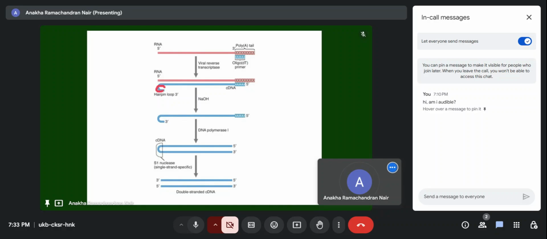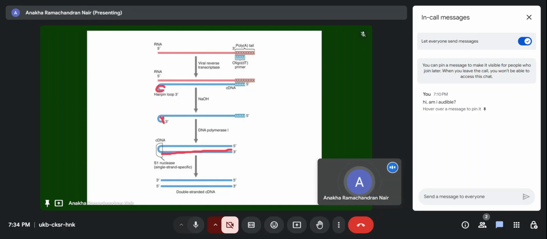You use DNA polymerase, and since you have a complementary region of DNA double strand, your DNA polymerase can act on it and extend this. So now you have a double-stranded DNA with a hairpin loop structure at the end.